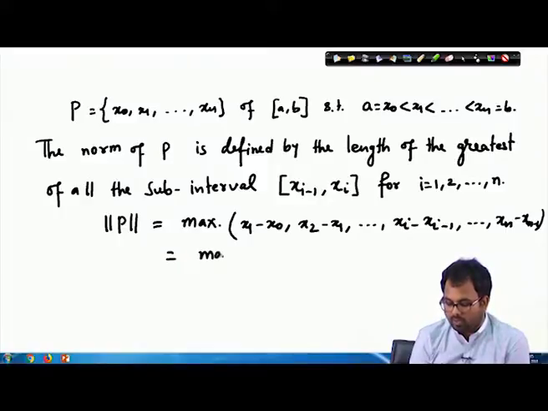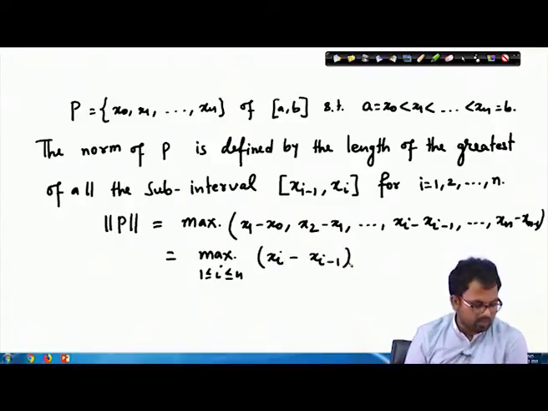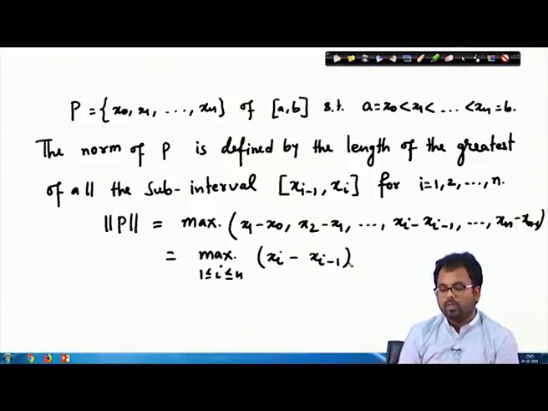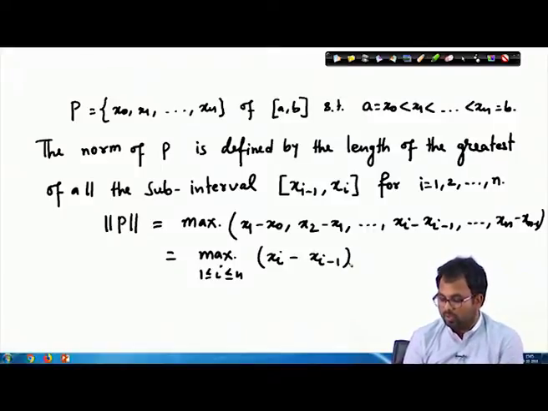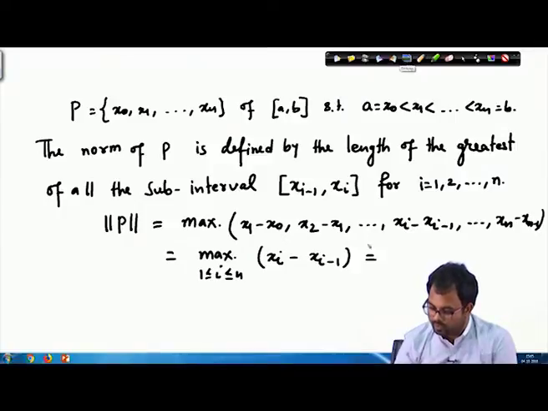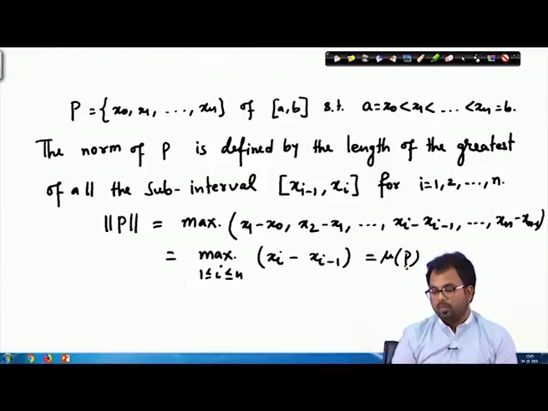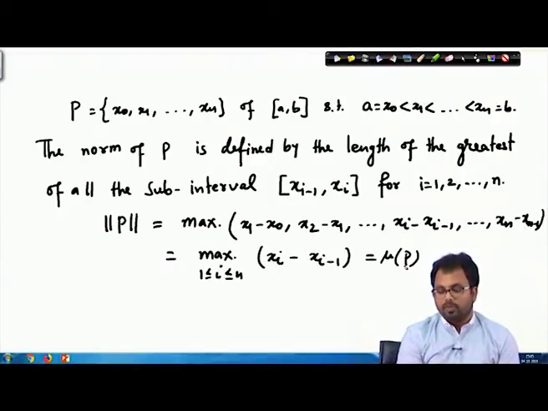In short, the maximum over all i of xi minus x(i-1). This is the way we define the norm of the partition P. You can also use a notation like mu(P), so the norm of the partition P can be denoted by the symbol mu(P) as well.